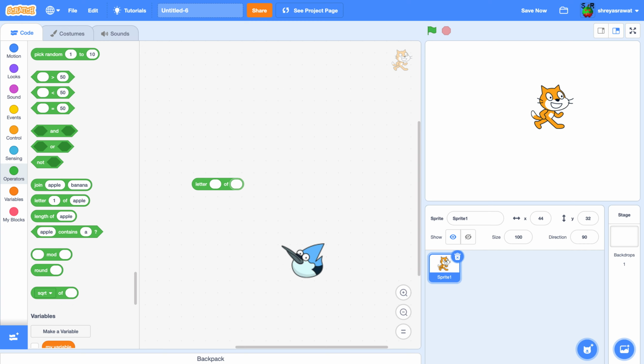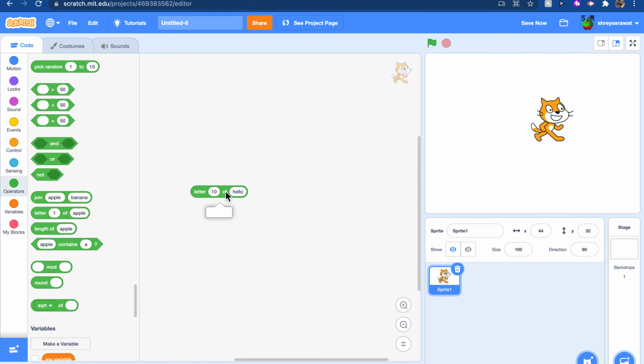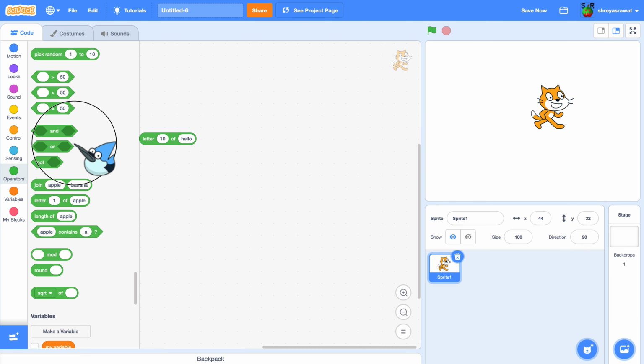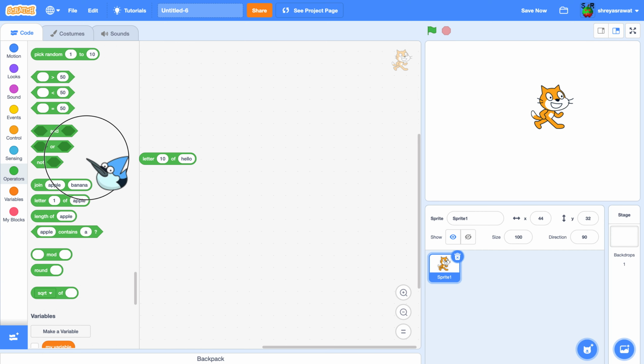So if I say hello, and I say 5, that would be the O. If I click on this, it'll say O. But if you put 10, then it will be blank because hello is only 5 characters long. And see, it's a blank.